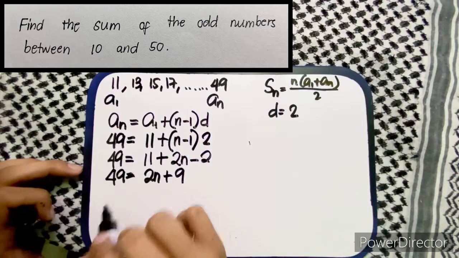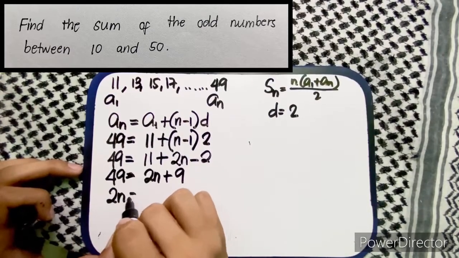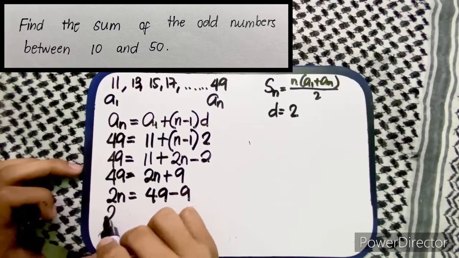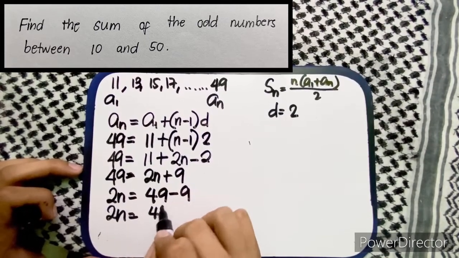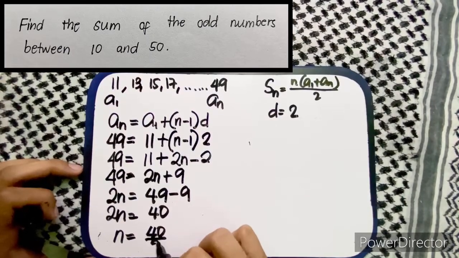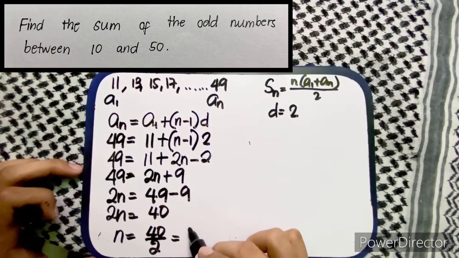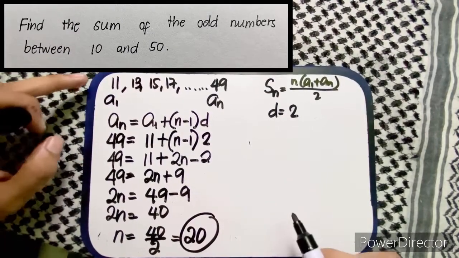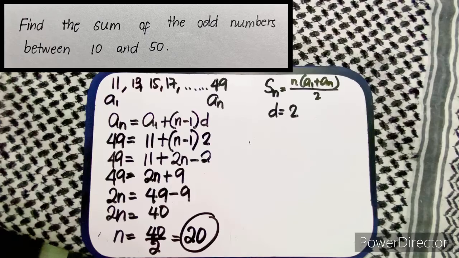Then 2n equals 49 minus 9, so 2n is equal to 40. So n is equal to 40 over 2, and 40 over 2 is 20. So the number of terms from 11 to 49 is 20.